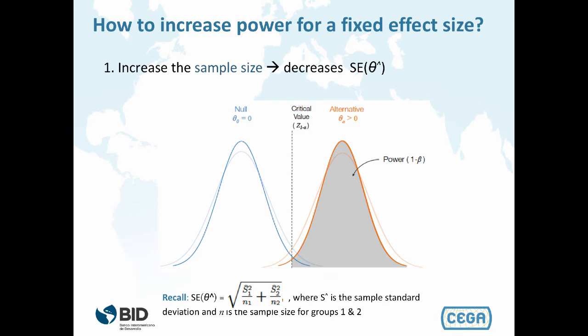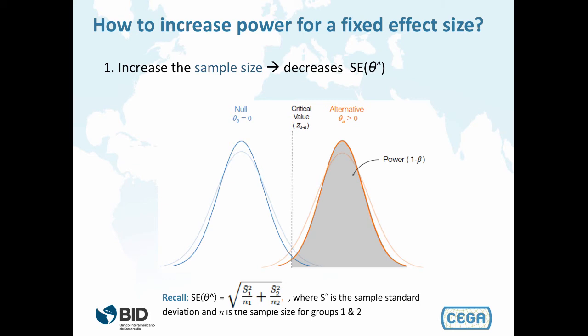How can we increase the power for a fixed effect size? That is, we want to test whether the difference in two means is greater than or equal to some effect. We're going to do that by increasing the sample size. When we increase the sample size, that decreases the standard error of the estimate, and you can see that by the distributions becoming taller and skinnier.